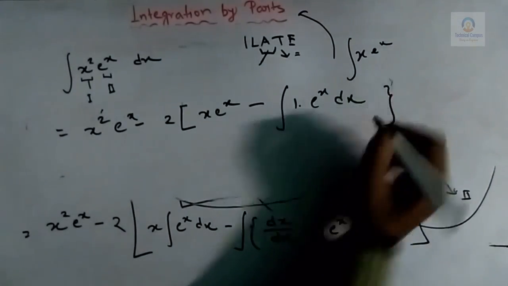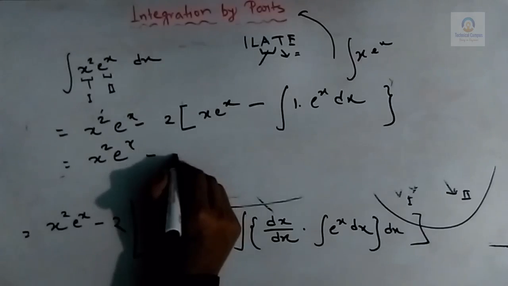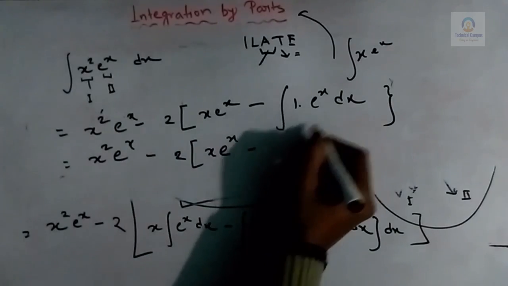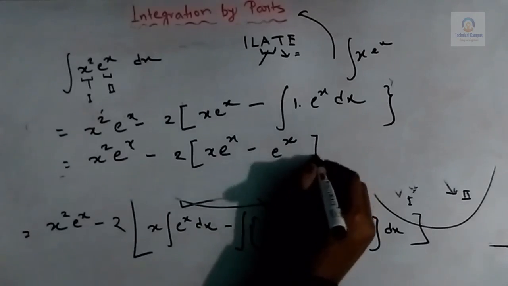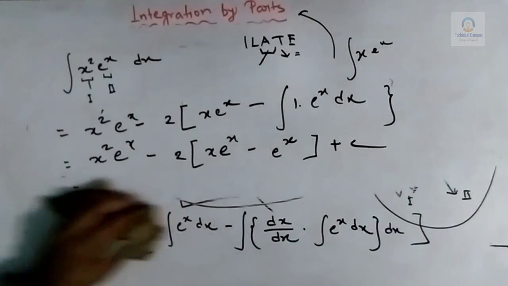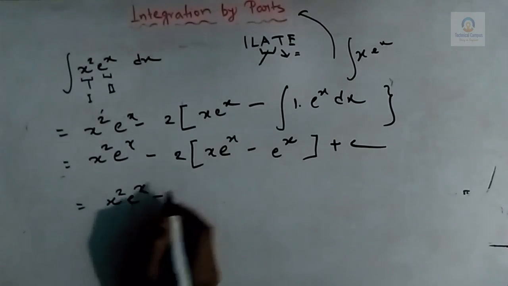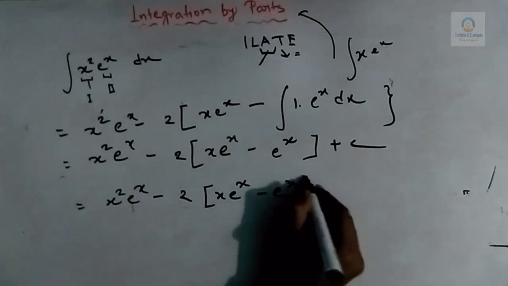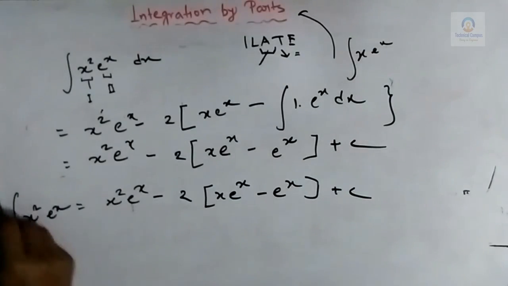So this will be x square e to the power x minus 2 into x e to the power x minus the integration of e to the power x, that is e to the power x, and there is a constant plus c. So the answer is x square e to the power x minus 2 into x e^x minus e to the power x plus c. So this is the result of the integration of x square e to the power x.